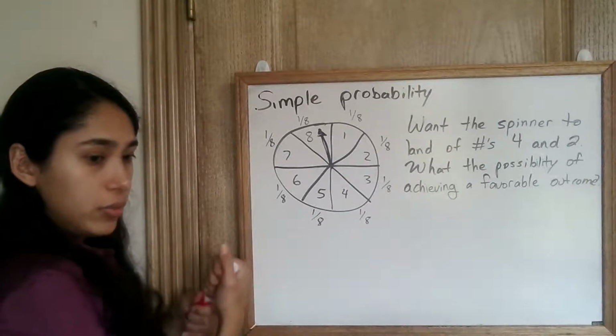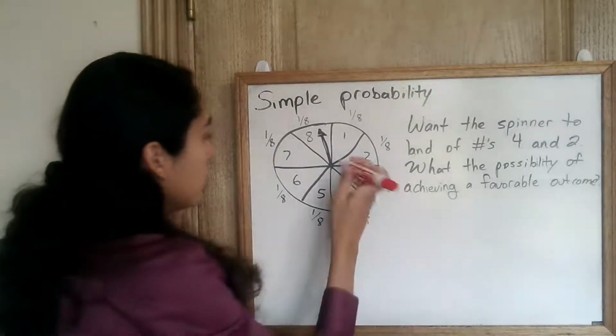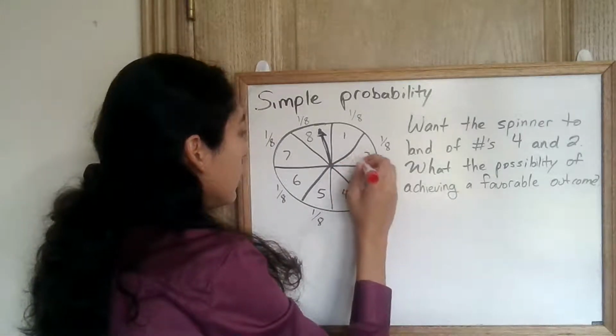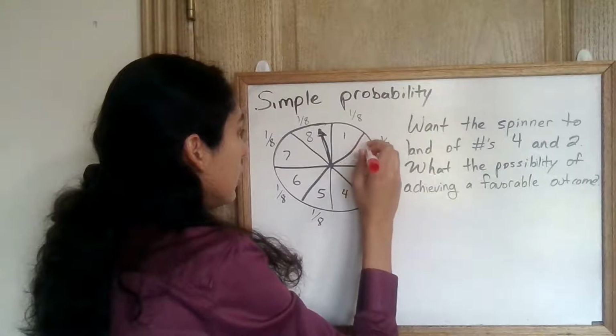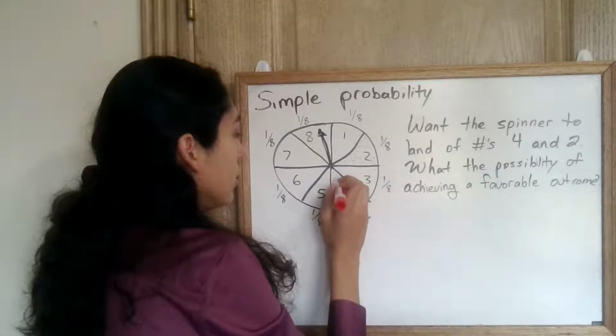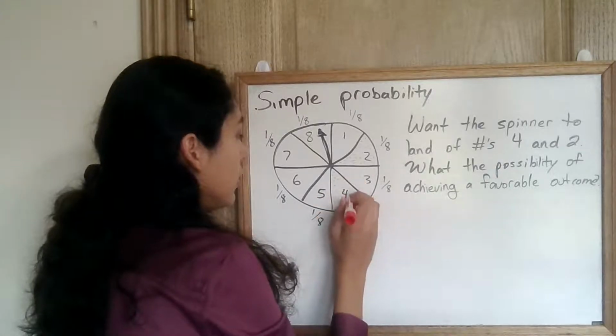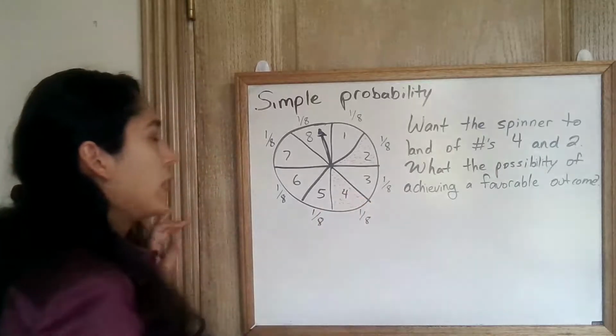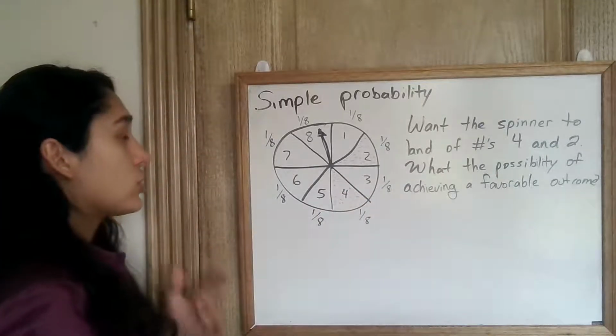Let's go ahead and label this. Alright, so visually we can tell that there's 2 out of 8.